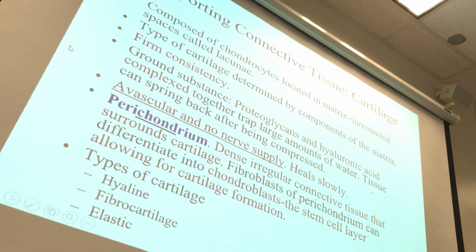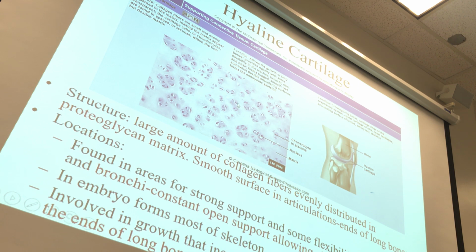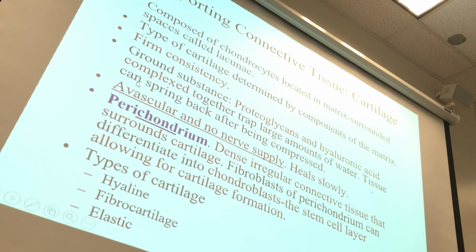Cartilage. Right? Cartilage is considered a type of supporting connective tissue. It's composed of chondrocytes. So these are the chondrocytes over here. We know they're chondrocytes because they're surrounded by this pink colored matrix right here. Now, with cartilage, it's got a firm consistency.